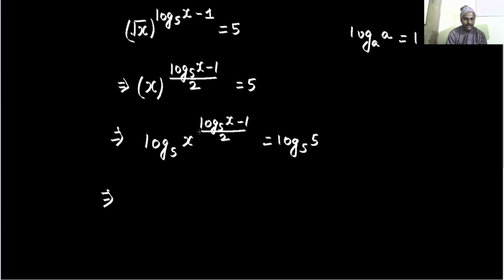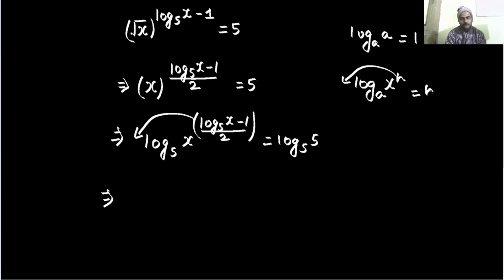And here this entire thing is in power, so power comes out in log, that you know. If you have log x power n to the base a, n comes to the front and you get something like this.